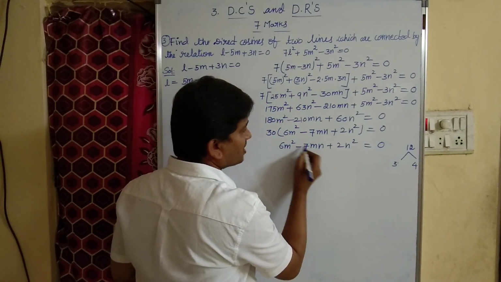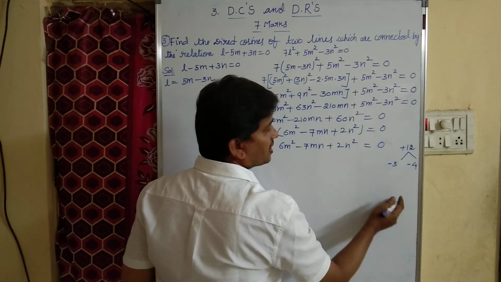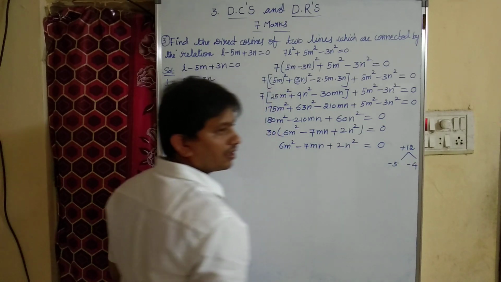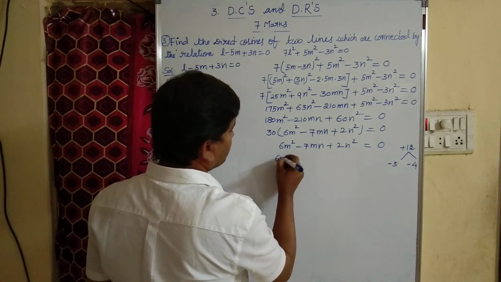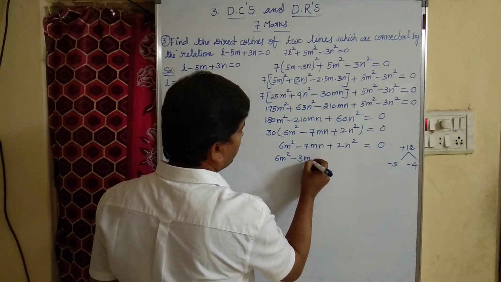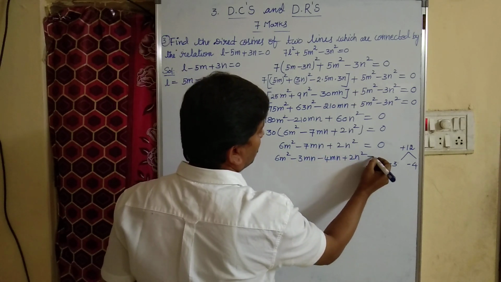As we have minus 7mn, minus 3, minus 4, minus into minus is plus, 3 4s are 12. If I add minus 3 and minus 4, again I will get minus 7m. So 6m square minus 3mn minus 4mn plus 2n square equal to 0.